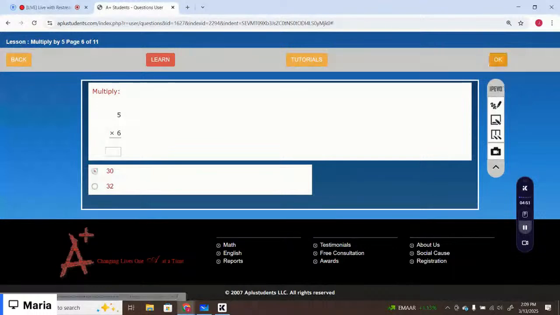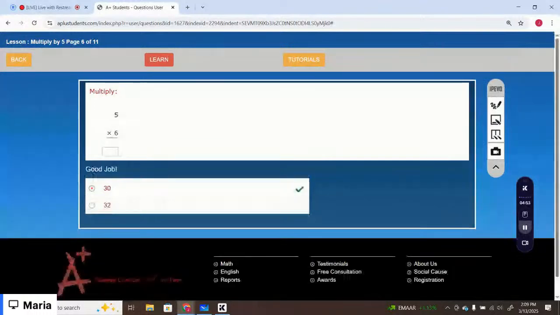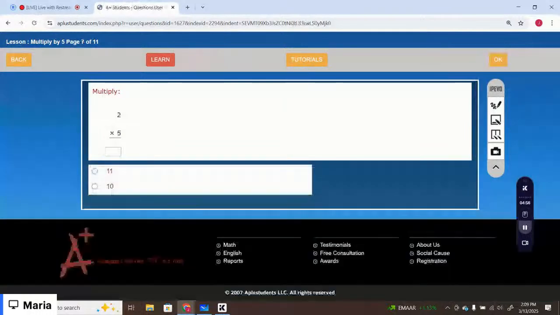Very good. Two times 5, which is the correct option. 2 times 5 is 10. The correct option is option number 2. 10 it is.